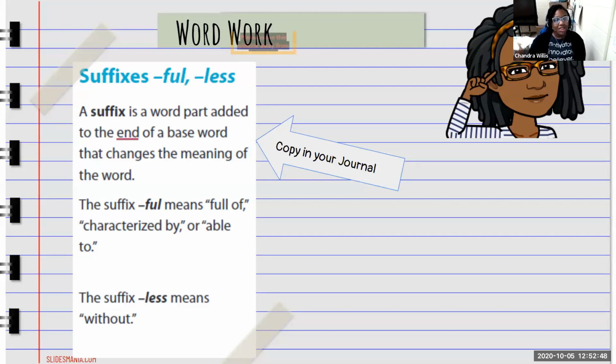We're going to talk about the suffixes full and less this week. Write down the definition and our two examples, the suffix full and the suffix less. I'm going to put on some Monday music so you can write that down.